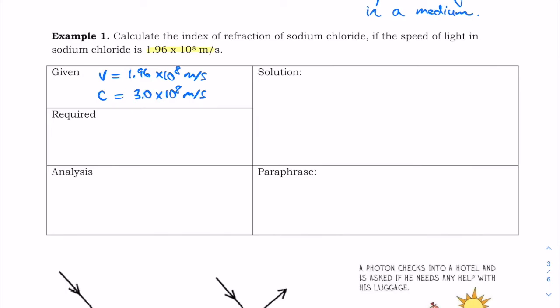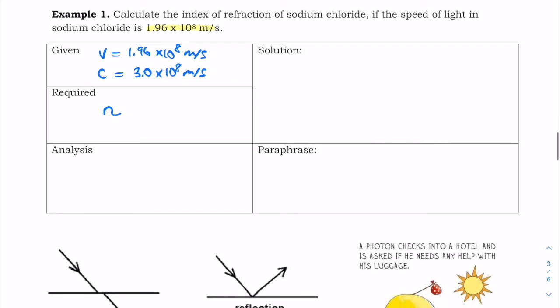Okay, so what's required? Well, we were asked to determine the index of refraction, so we need to find n. In the analysis, we'll use the index of refraction equation, which is n equals c over v.